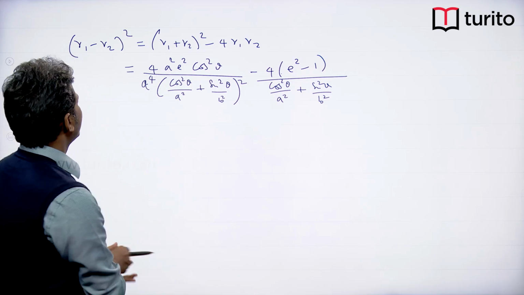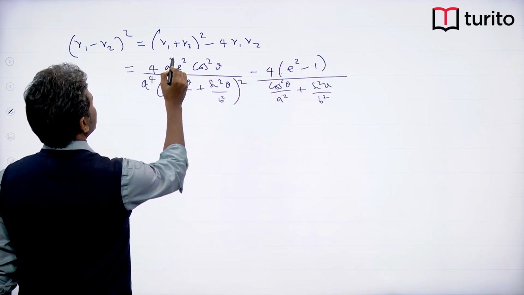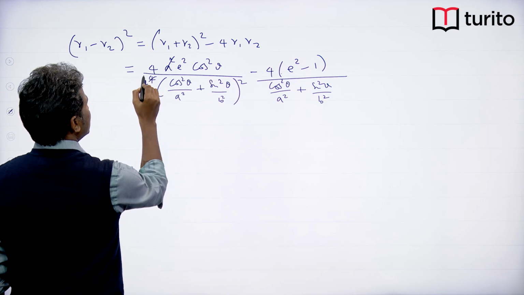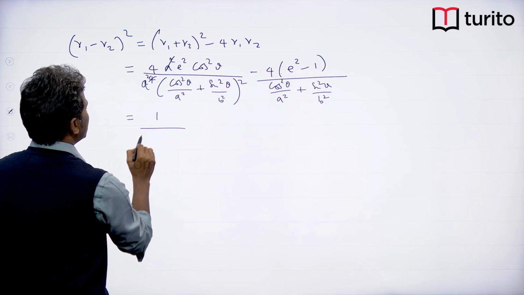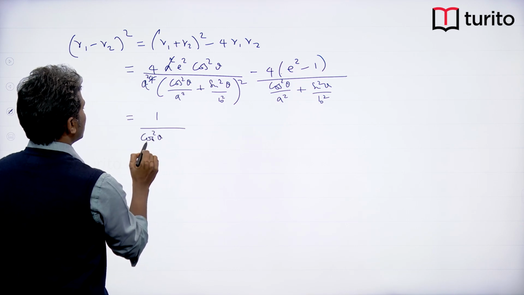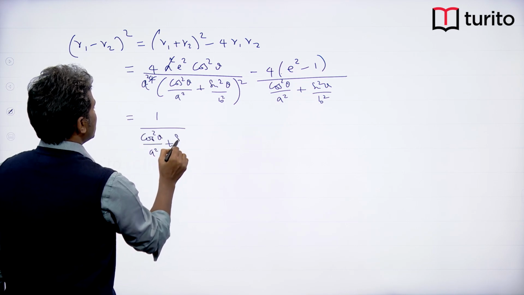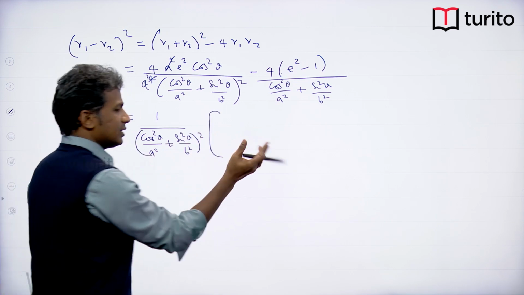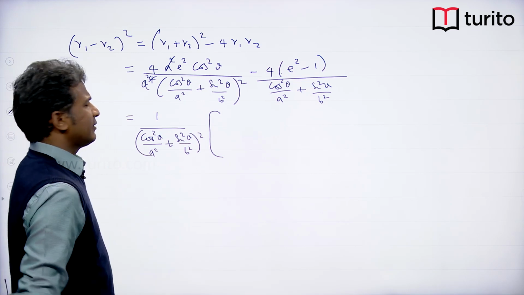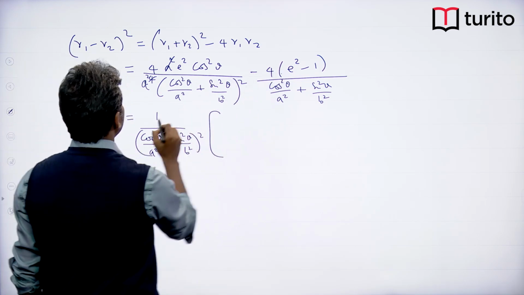So, how do we simplify? Here if you notice, one A square is getting cancelled. So, what are we left with? If I take 1 by (cos square theta by A square plus sin square theta by B square) whole square common in the denominator, there is also 4 which is common.